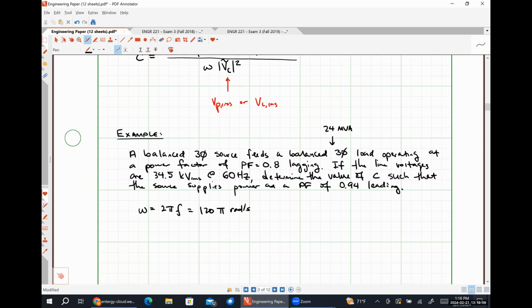Okay. I believe that I can get theta old and theta new very easily as well. So theta old should just be the inverse cosine of 0.8. Grab a calculator here. I think it's 36.87. Yep.